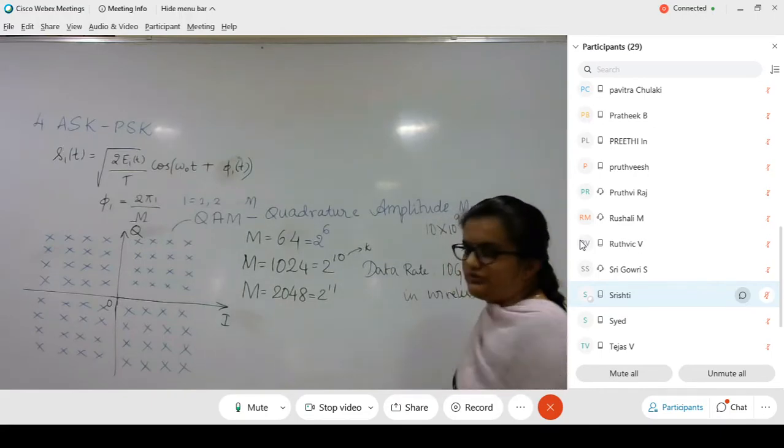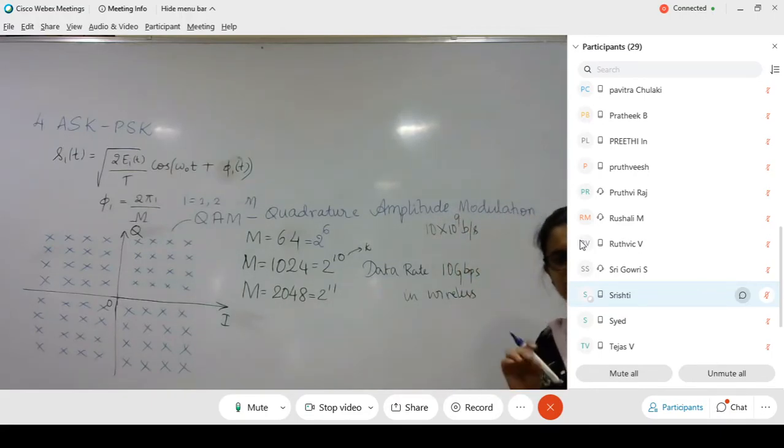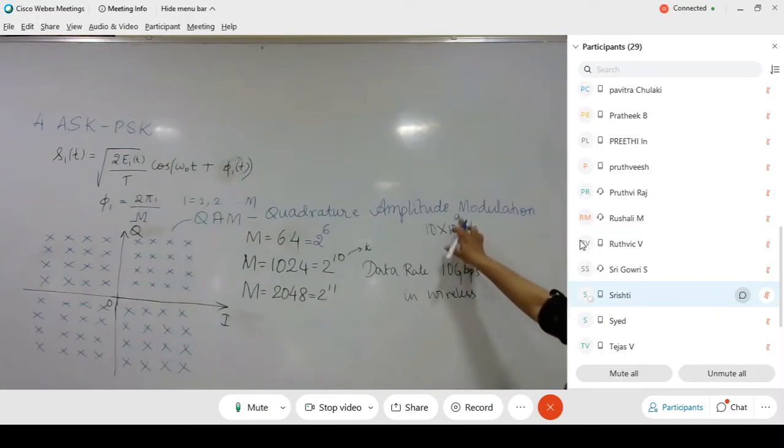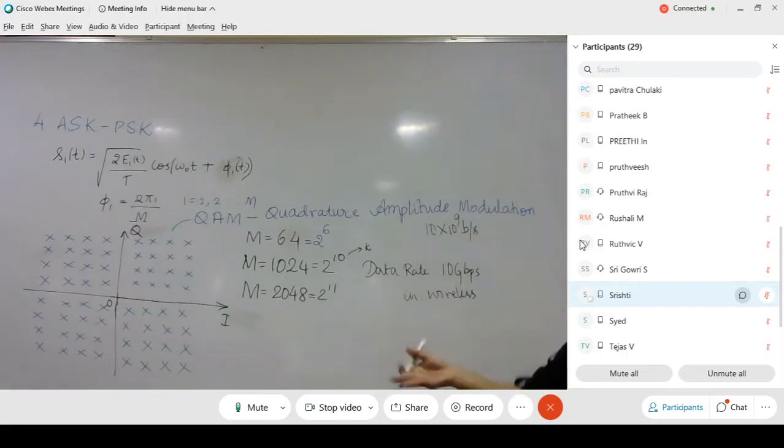If you do a survey of which technology uses which digital modulation technique, most of the communication modulation methods used are quadrature amplitude modulation, that is QAM. It starts with 16 QAM, 32 QAM, 64 QAM, 128 QAM, 256 QAM.